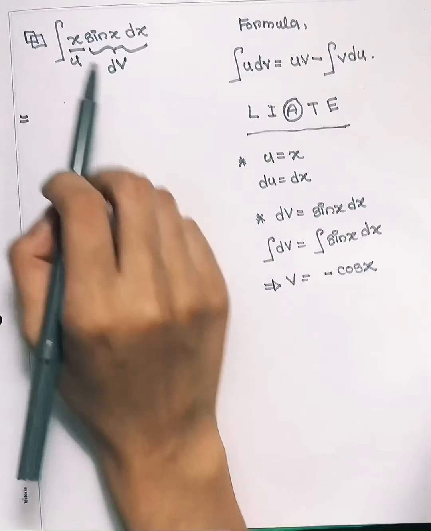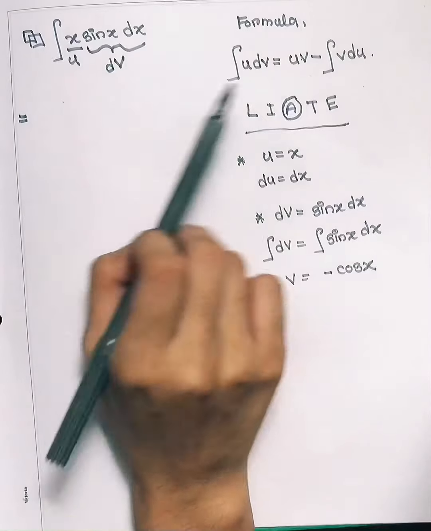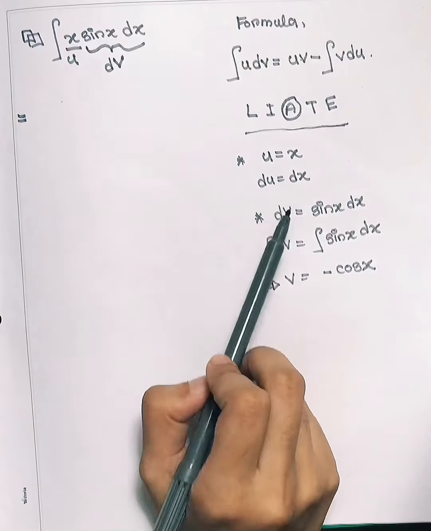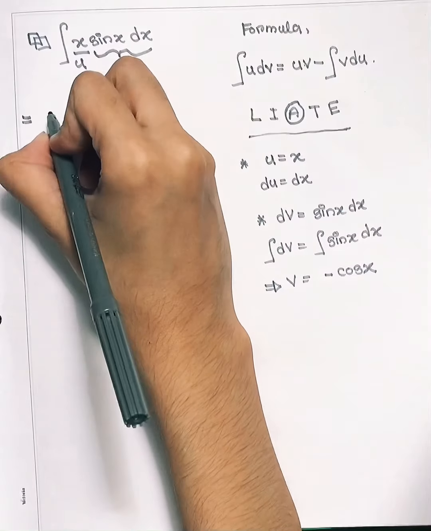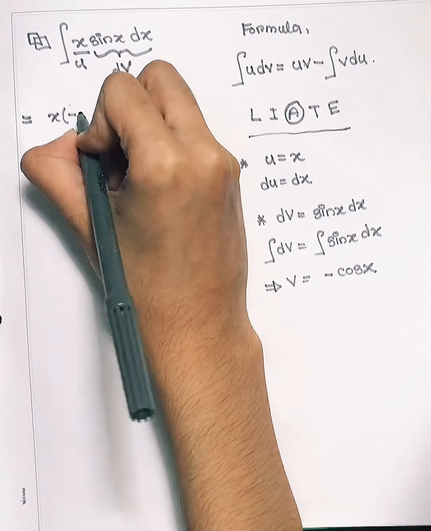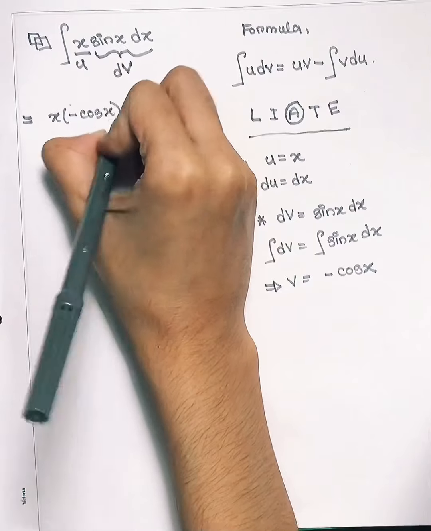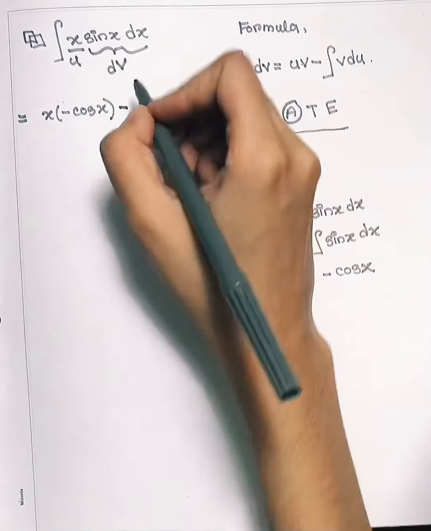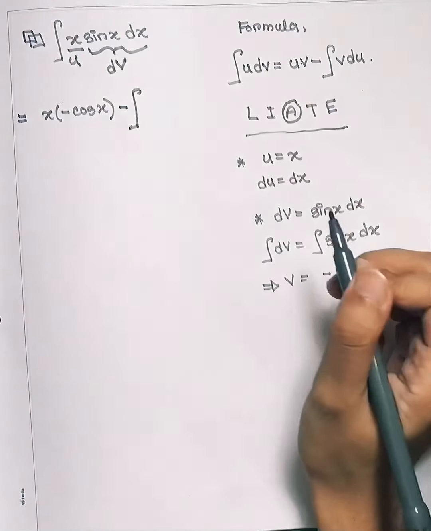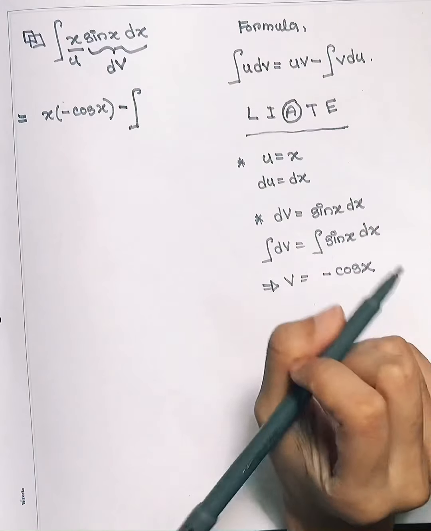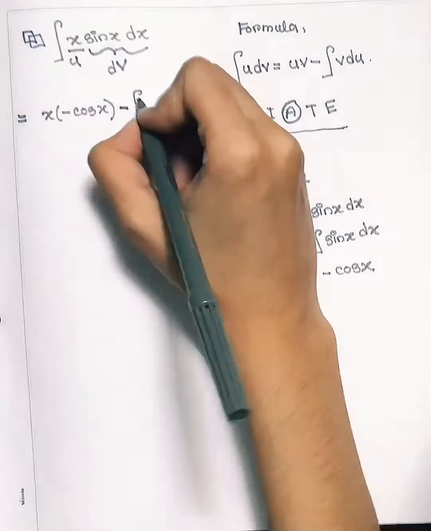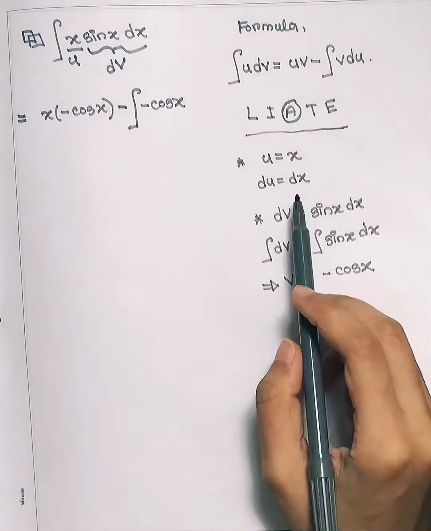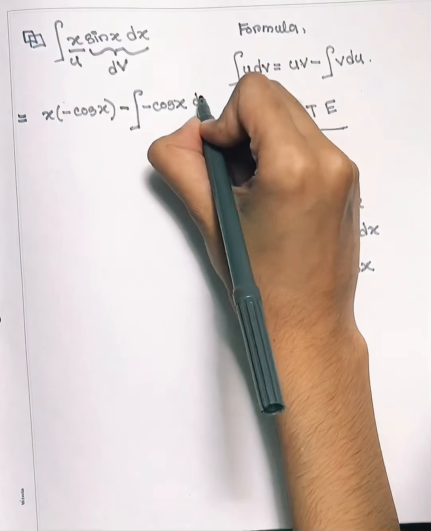Now if I follow this formula, I will have to multiply u and v, so I multiply x with negative cos x, right? Then there will be a negative sign according to the formula, and then integration of v du, where my v is negative cos x and my du is dx.